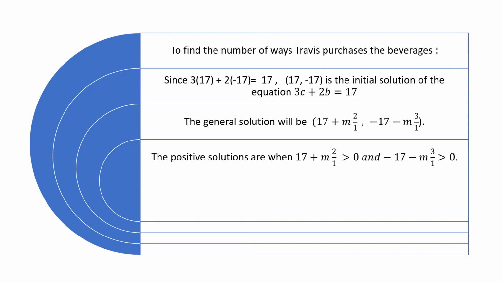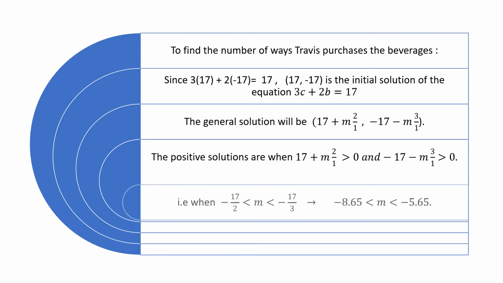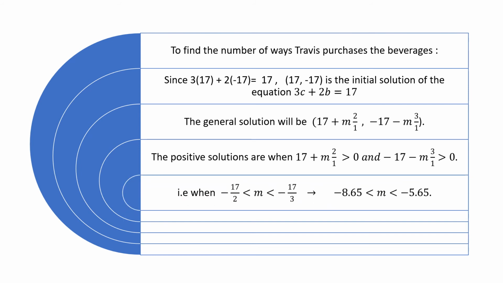But if I want a positive solution, both the x value and the y value must be positive. So since 17 plus 2m is greater than 0 and negative 17 minus 3m is greater than 0, and we are trying to find an m which satisfies both, we get an inequality with m lying between negative 17 by 2 and negative 17 by 3.